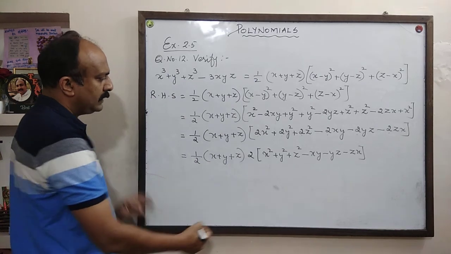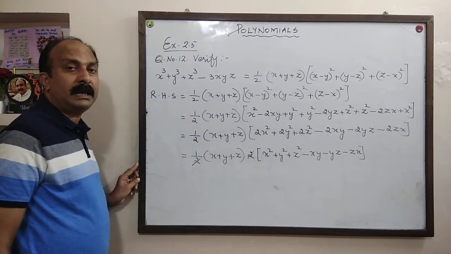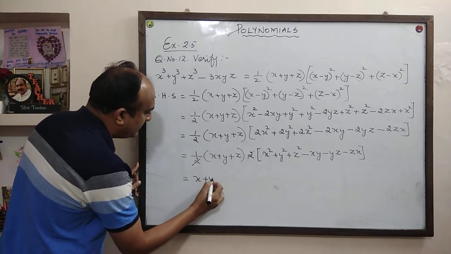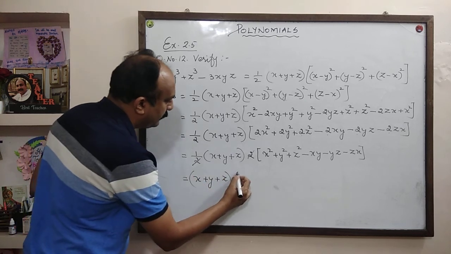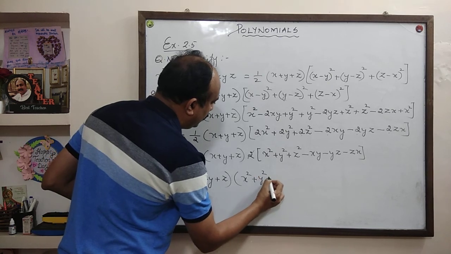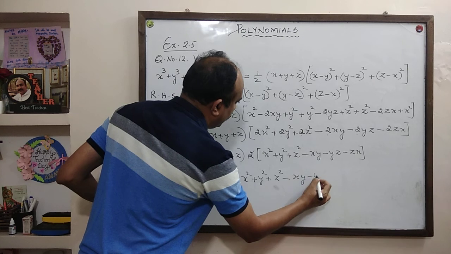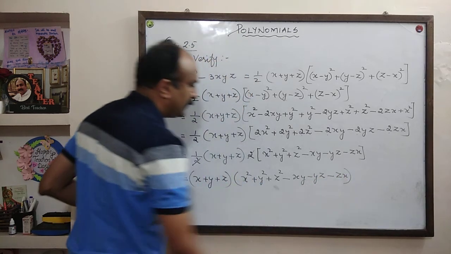Now this 2 and this 2 will get cancelled. So what is left? x plus y plus z into second bracket x square plus y square plus z square minus xy minus yz minus zx.